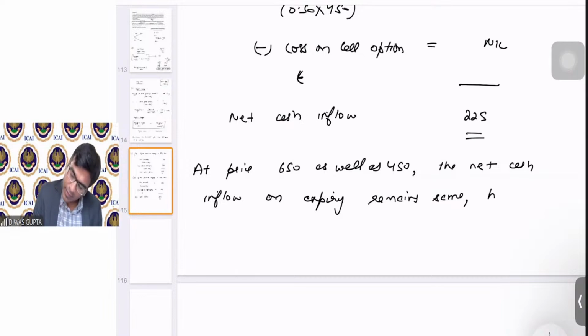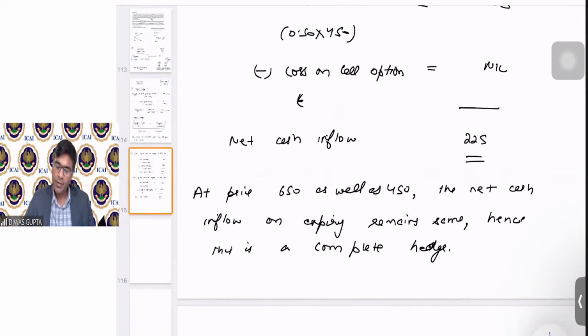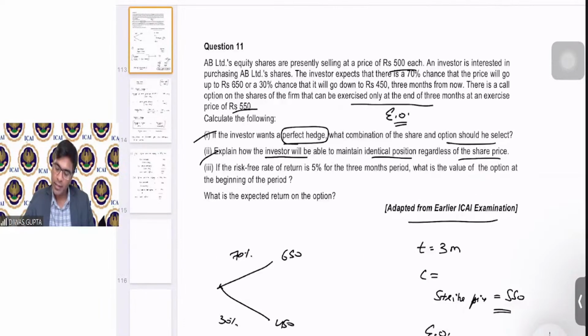Hence, this is a complete hedge. Okay, this is understood. Then let's come to the next part.